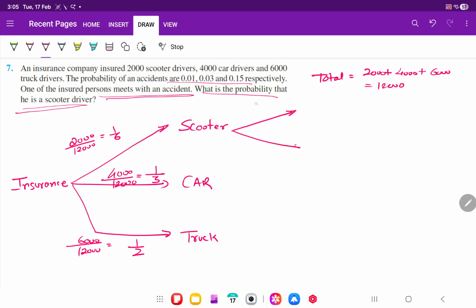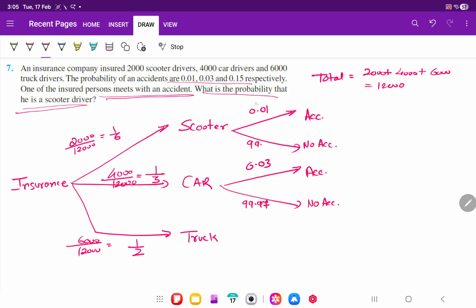For a scooter, there are 2 chances: an accident may happen or may not happen. For a scooter, accident chance is 0.01. No accident we don't need, so I am not writing that data. For a car, maybe accident or maybe no accident. For accident, the data is 0.03. For no accident I am not writing, but if you want, you can write 1 minus 0.03, which is 0.97.